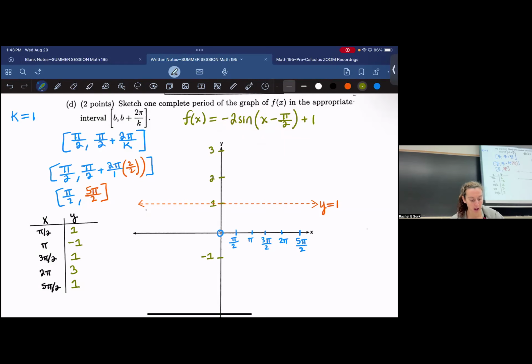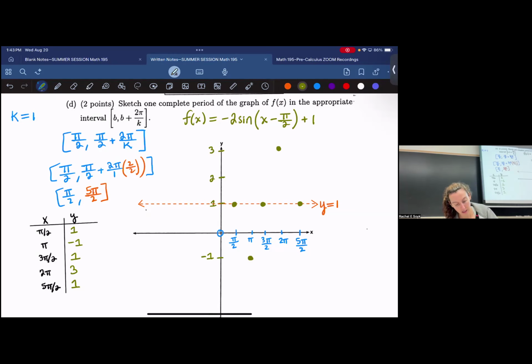So now let's plot these. We have pi over 2, comma 1. We have pi, -1. We have 3 pi over 2 back to 1. We have 2 pi all the way up to 3. And then we have 5 pi over 2 back to 1.